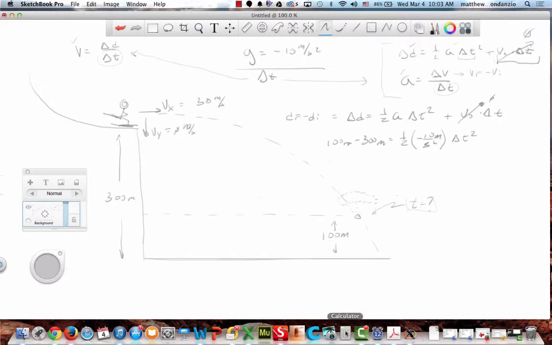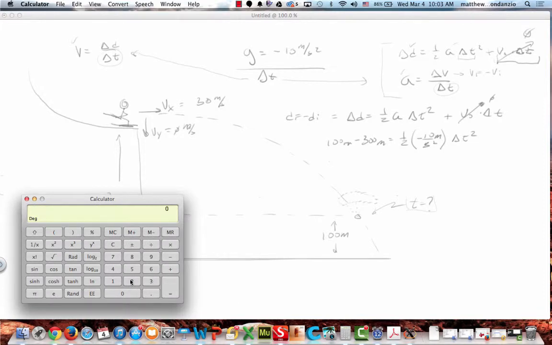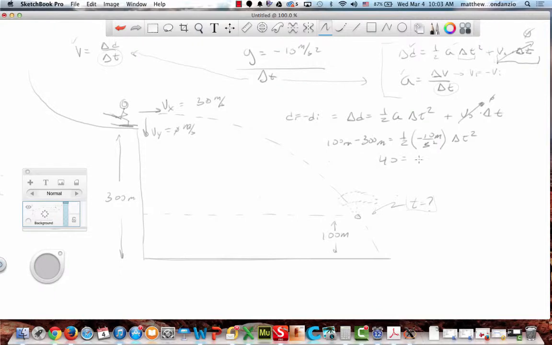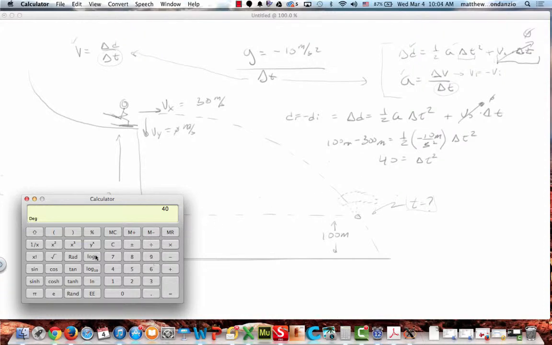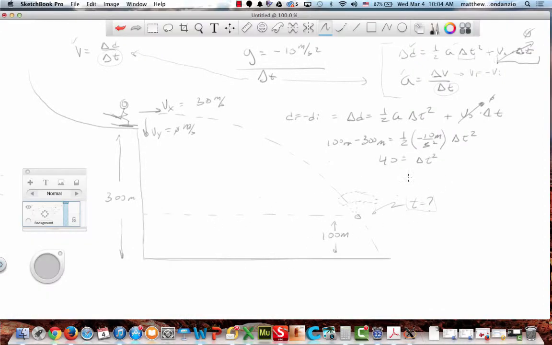So negative 200 equals negative 10 times 1/2, which is negative 5, times delta T squared. Divide by negative 5 and we get 40. So 40 equals delta time squared, and the square root of 40 is 6.32 seconds. So delta T is equal to 6.32 seconds of air time that he has to think about pulling a chute.